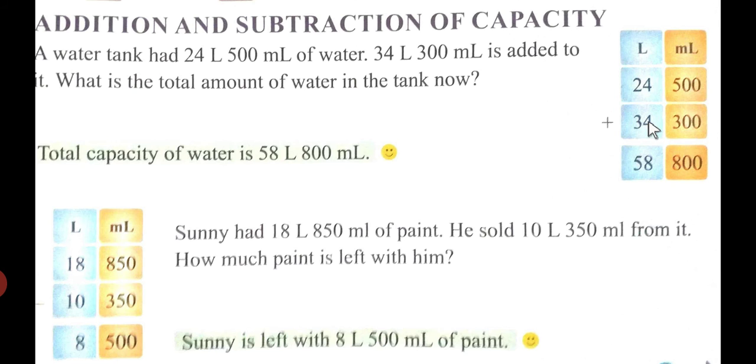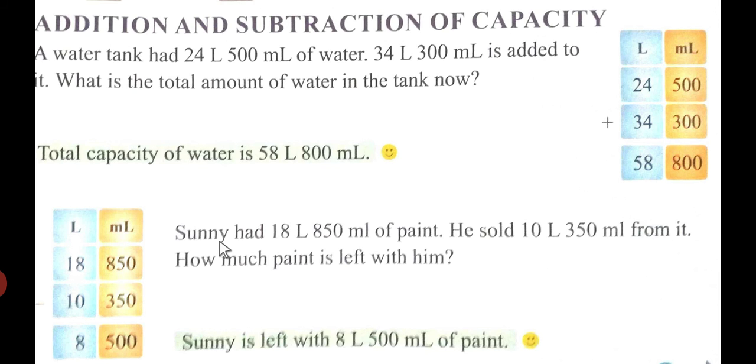So 34 you will write under the liter, and 300 under milliliters. So 0 plus 0 is 0, 5 plus 3 is 8, 4 plus 4 is 8 and 2 plus 3 is 5. So total capacity of the water is 58 liters and 800 milliliters.